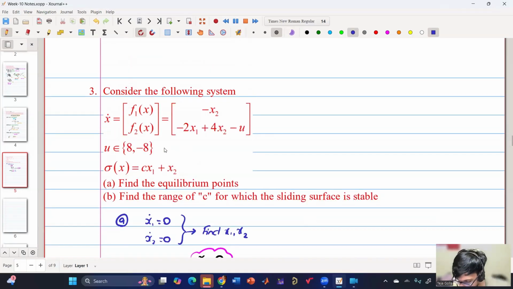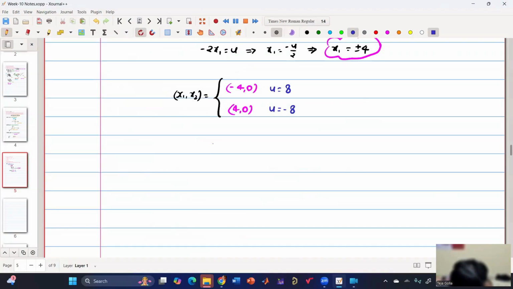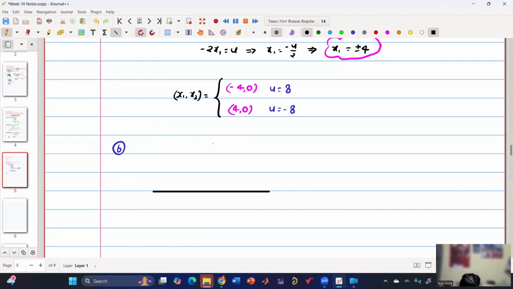So here we have a two-dimensional system. This part I'll explain because this is covered in the lecture. So we have a sliding surface passing through the origin with dimension C1x plus C2. So this is my sigma equals C1 x1 plus C2 x2 equals 0.